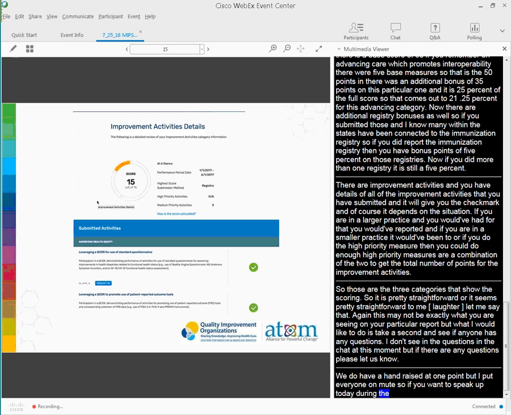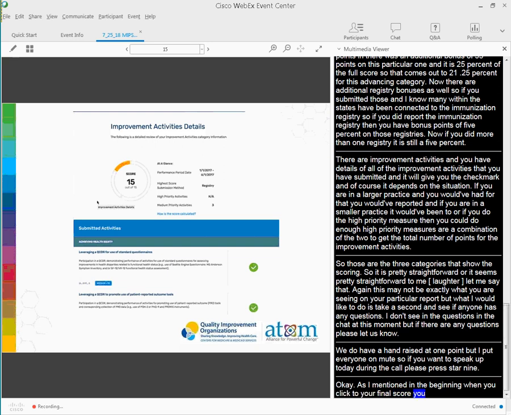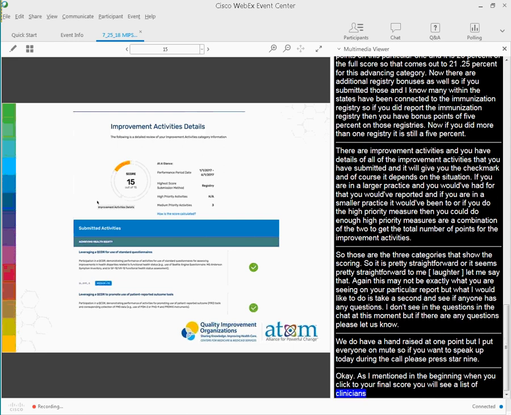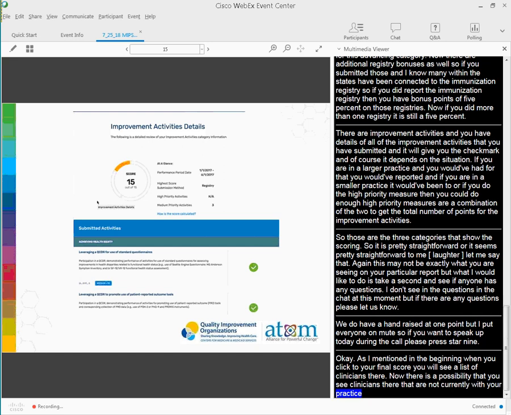Okay. All right. So I mentioned in the beginning, when you click to your final score, you'll see a list of clinicians there. Now, there is a possibility that you see clinicians there that are not currently with your practice, and that could be because it shows the MPIs that bill to your TIN.